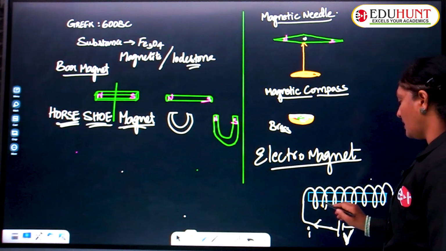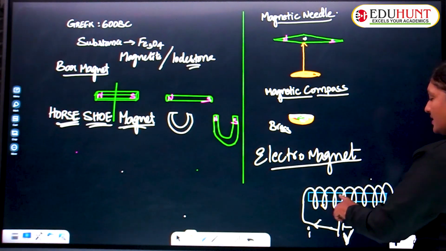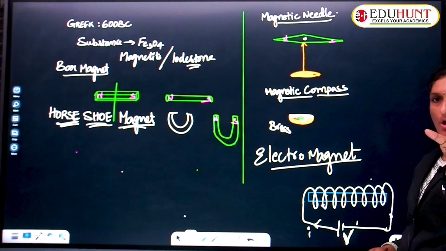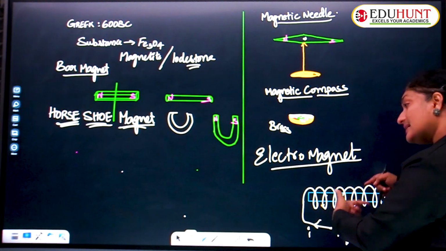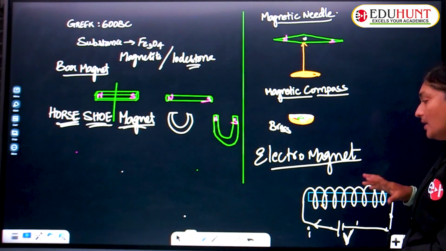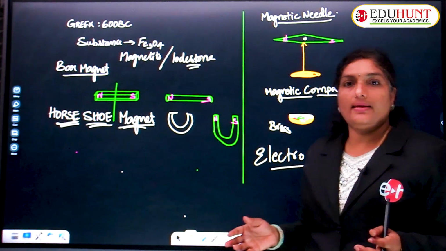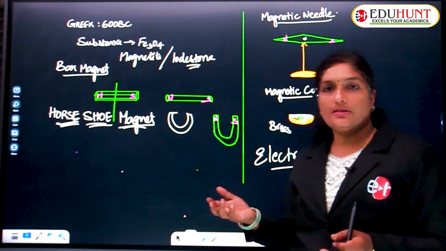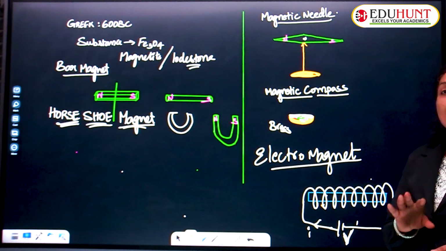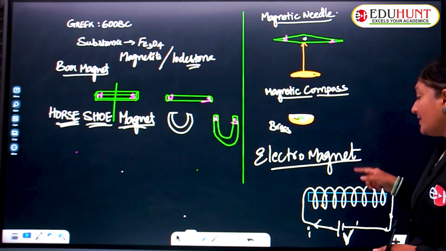Whenever a current is flowing, initially it was only an iron rod, but now current is passing around the iron bar. The wound wire is actually called a solenoid.